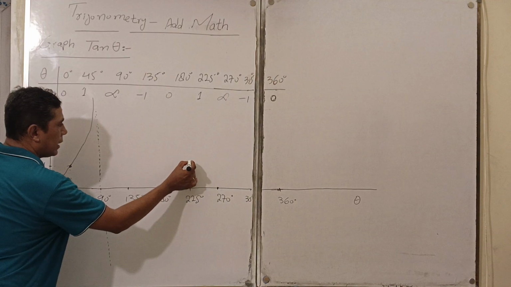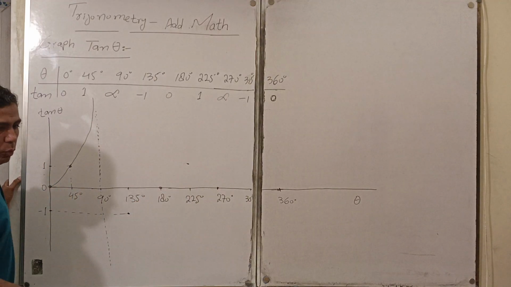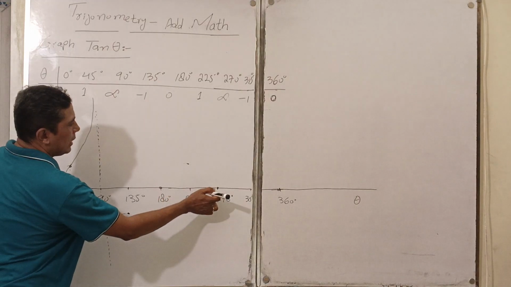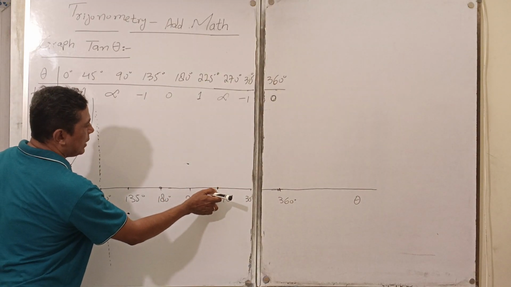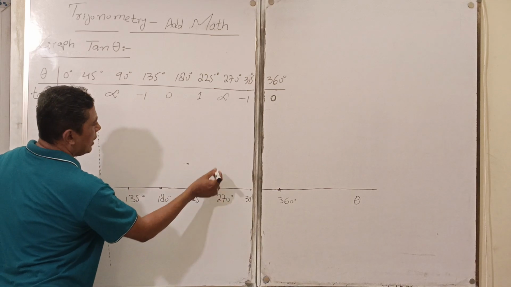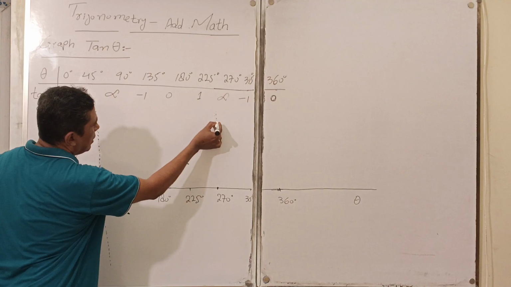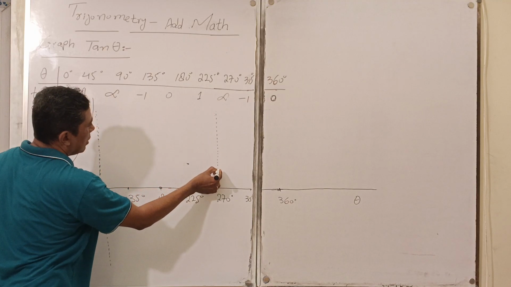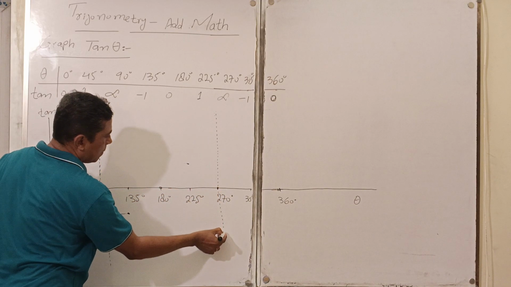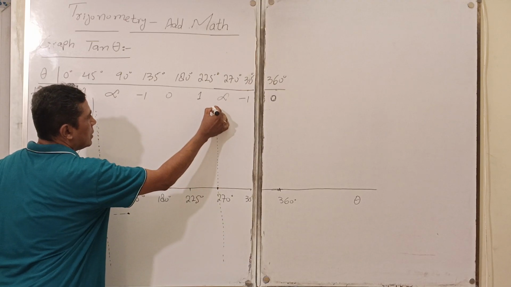So now I can mark that this graph will be like this, and at 270 the value is infinite, so just mark a dotted vertical line at 270. So this will be like this.